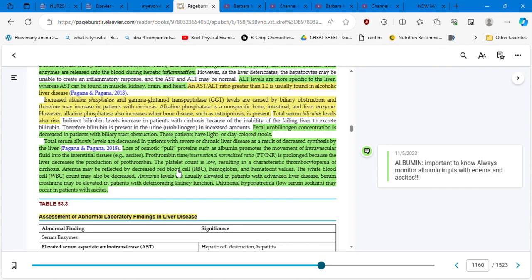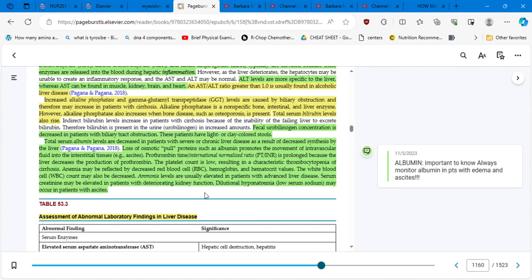The platelet count is low, resulting in the characteristic thrombocytopenia of cirrhosis. All these concepts we have already reviewed: thrombocytopenia, PT/INR, albumin, and anemia, because hemoglobin and hematocrit values are going to be low.